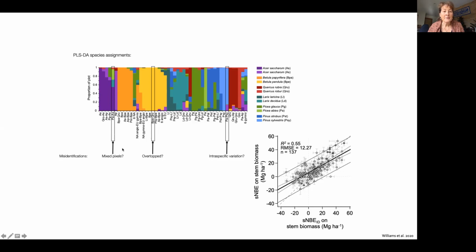Or sometimes a pixel might be mixed, and so you couldn't differentiate species. Or sometimes species were so phylogenetically similar that you couldn't differentiate them. But for the most part, it worked really well to get a measure of which were the monocultures and what was the diversity and composition of all the plots.